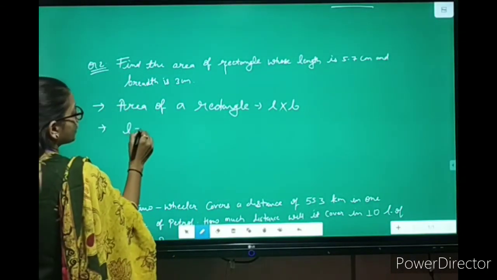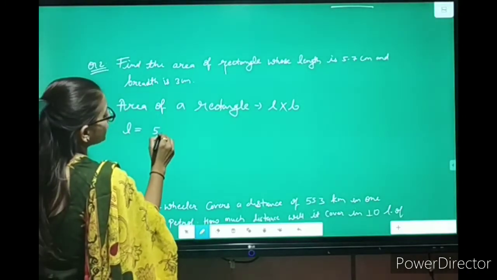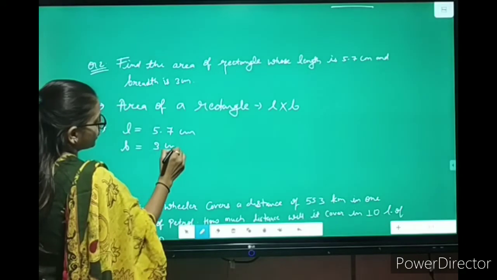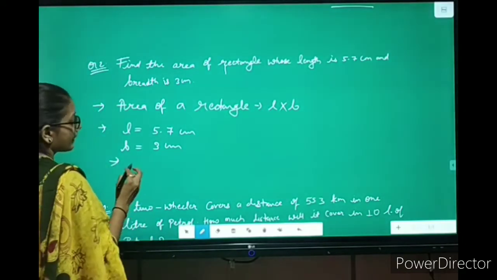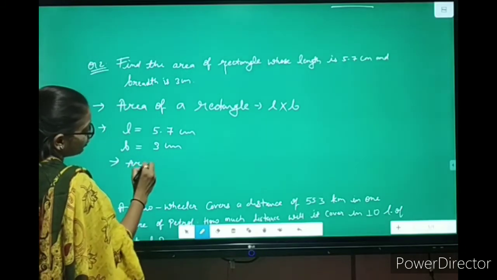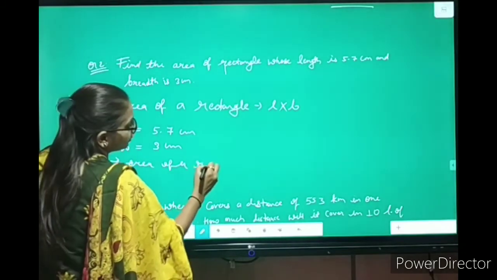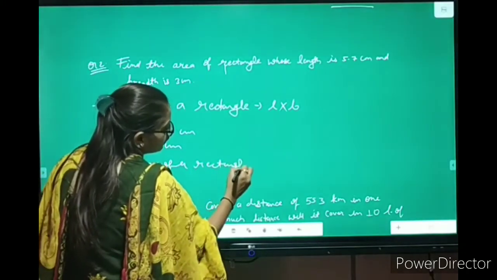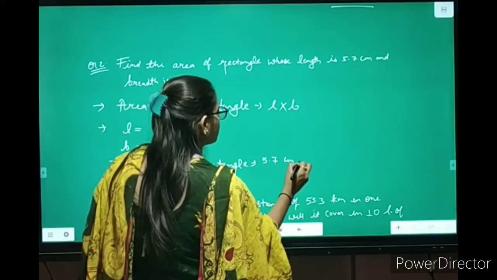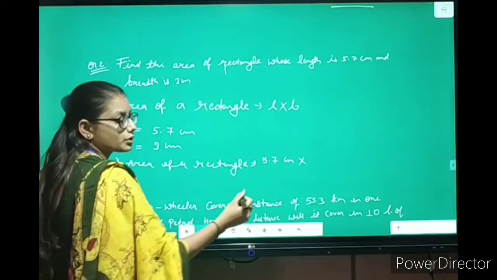So length equal 5.7 centimeter and breadth equal 3 centimeter. Put the value in the area of a rectangle: L equals 5.7 centimeter multiply B equals 3 centimeter.